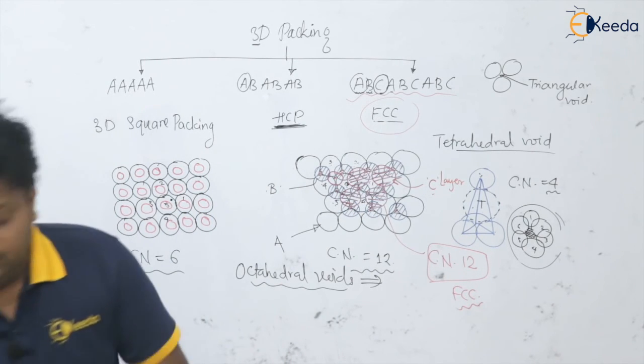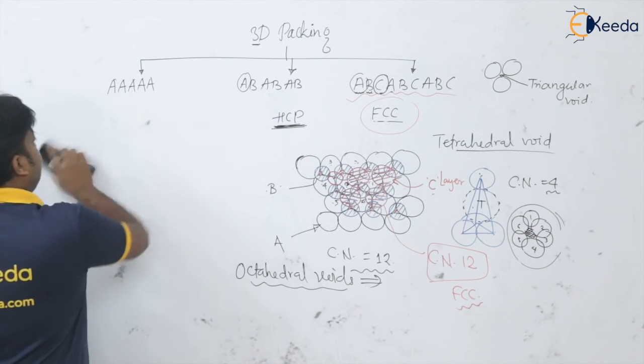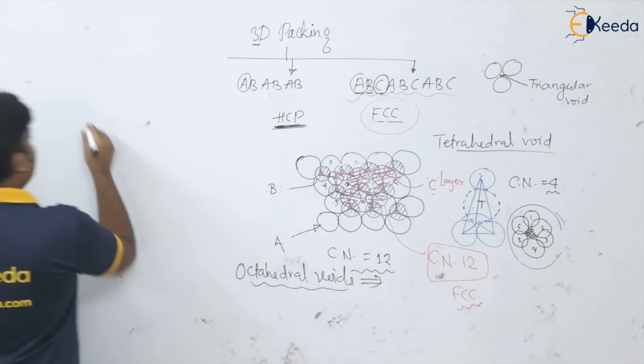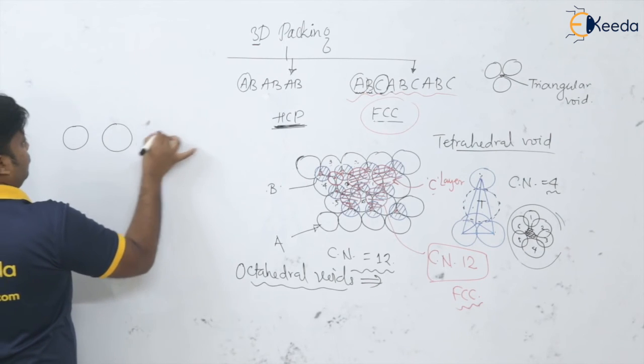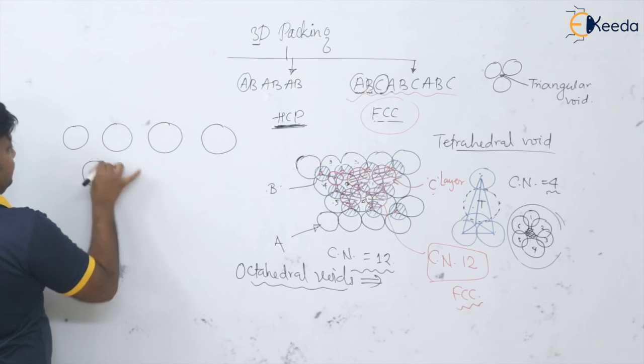Okay. So if I draw this diagram by keeping some space between these atoms, it will look like this. See, this is 1, 3, 4, we have to draw the 2D HCP.